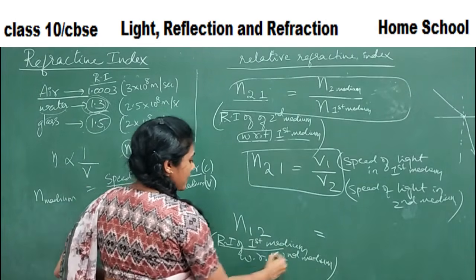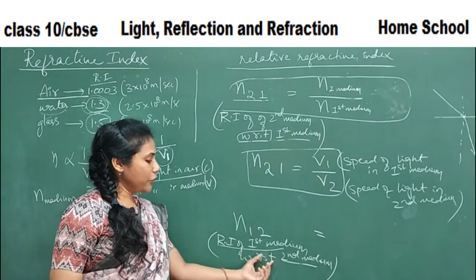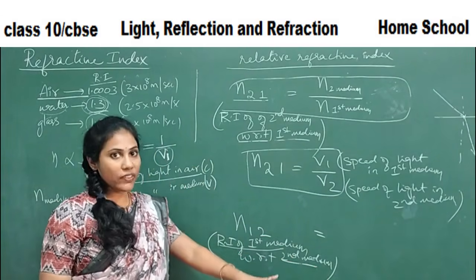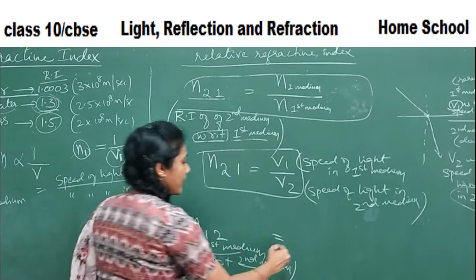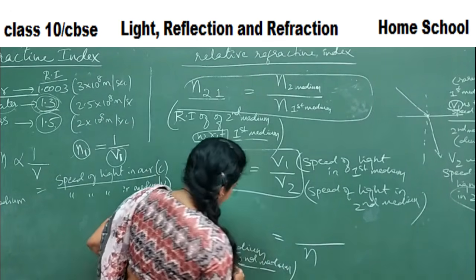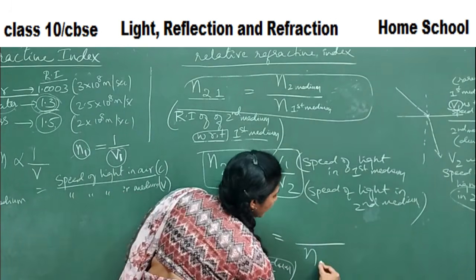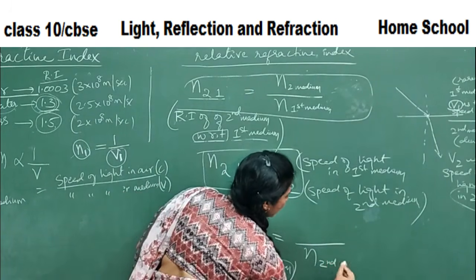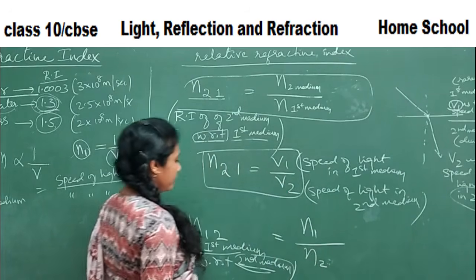What I told you? After the word with respect to, whatever comes should be there in the denominator. So what will I write? After with respect to, which medium is there? Second medium. So refractive index of the second medium, let me write just N2, and in the numerator, N1. Okay.